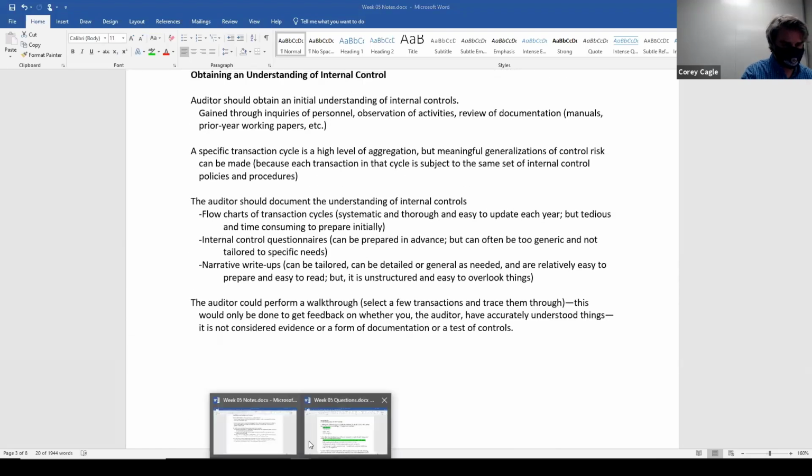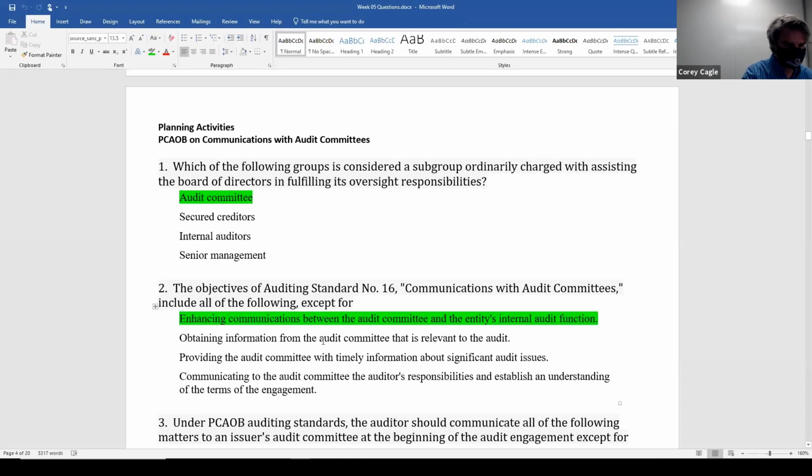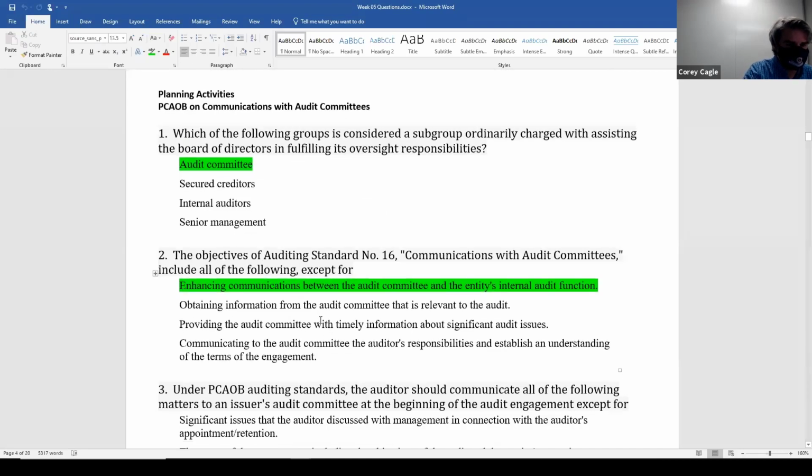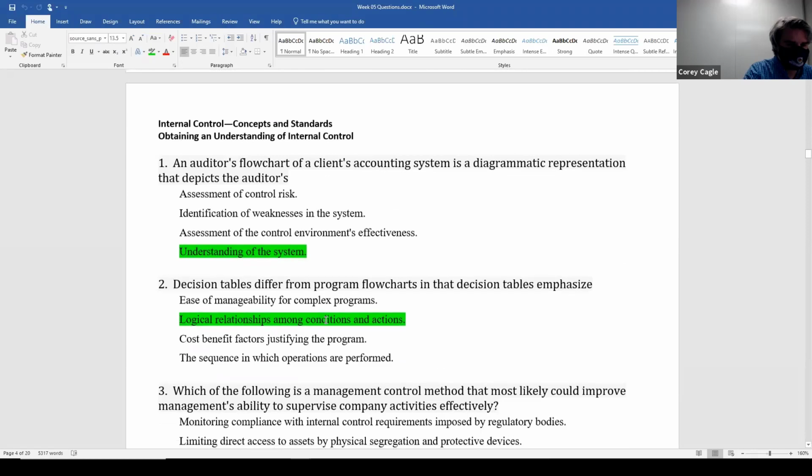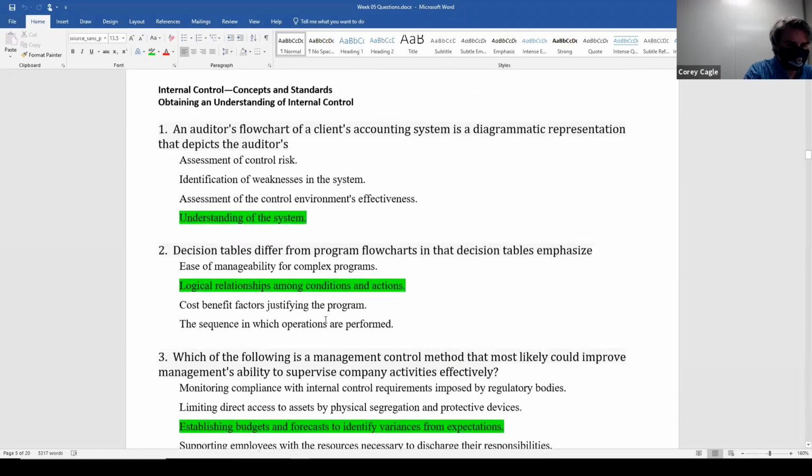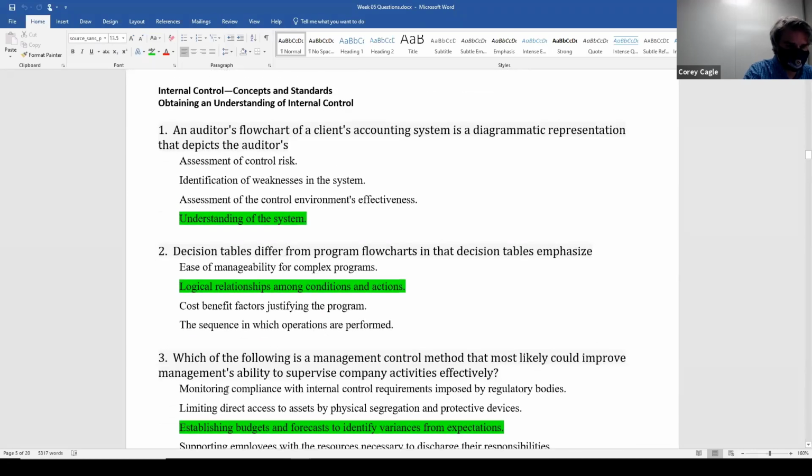So thought 2 is very specific. Decision table differs from a flow chart. That seems like a question that you probably wouldn't get, but decision table, you never know, you might get it, so why not understand what it is?